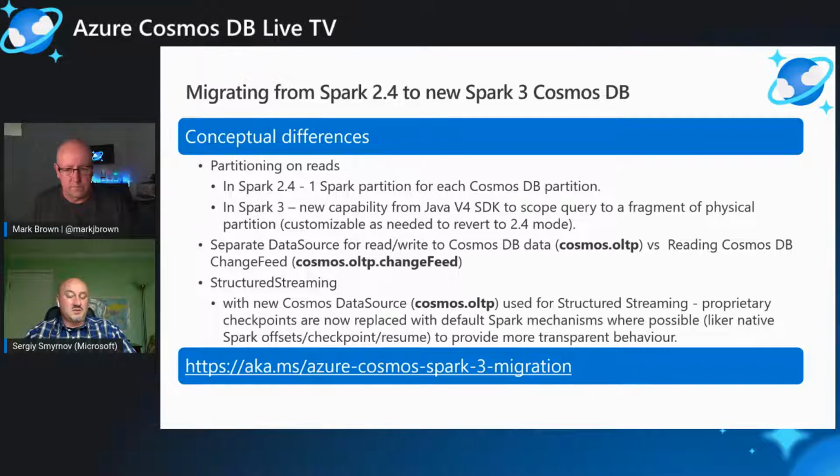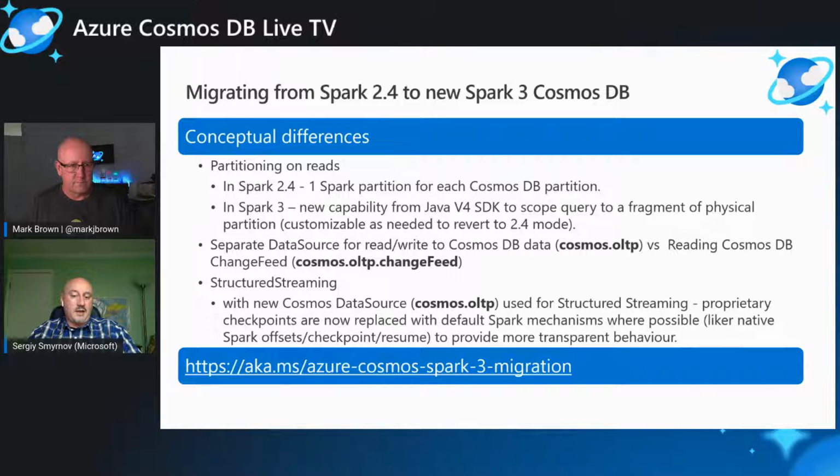And for structured streaming, the biggest difference is different checkpointing with the new Cosmos data source, Cosmos OLTP. For streaming, the proprietary checkpoints are now replaced with native Spark mechanisms where possible. Basically, native Spark offsets and checkpoint resume within Spark, which checkpoints locally within the cluster and gives you more transparent behavior with other Spark streaming technologies and solutions. So you can expect the same behavior when you use it with Cosmos.